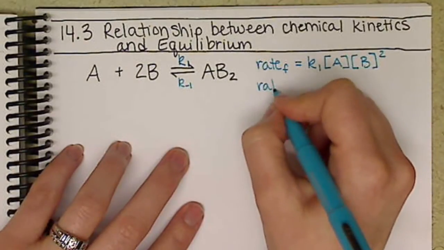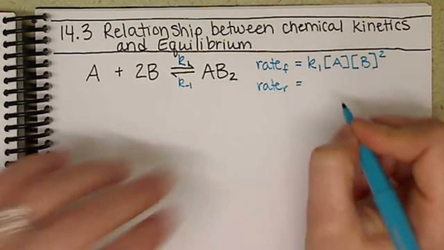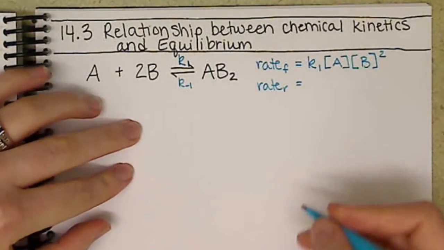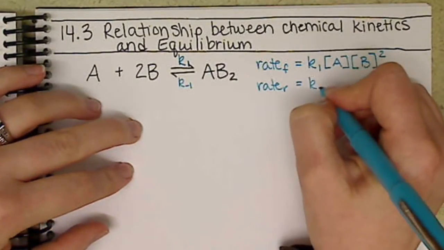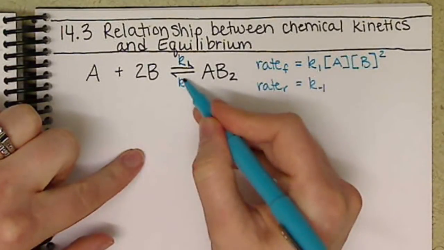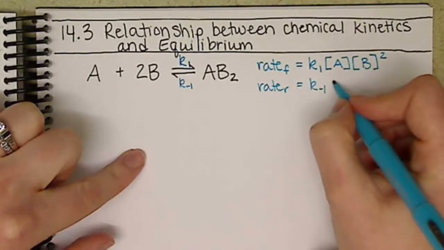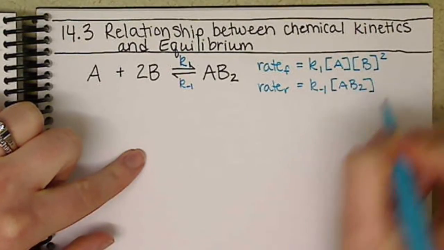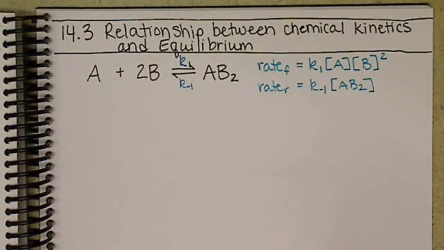Then the rate of our reverse reaction, so rate, that's a lowercase r for the reverse. We have K to the negative 1 for the reverse reaction rate constant. And we want times our concentration of the reactant for the reverse reaction, so times AB2.